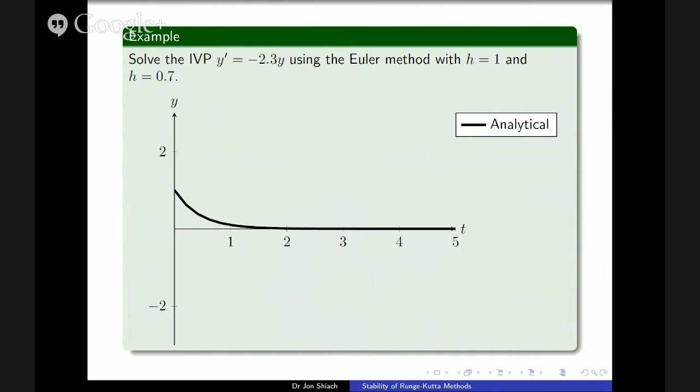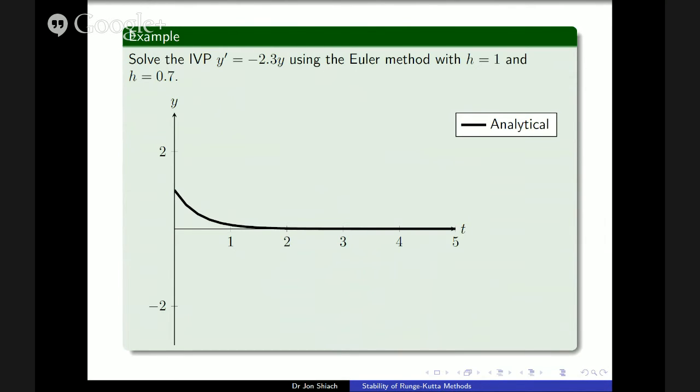I've got this graph in your notes, top of page 59. Very simple model equation. So instead of lambda y, I've got minus 2.3 y. So my initial value problem is y dash equals minus 2.3 y. I'm going to use Euler method with step length 1 and step length 0.7.